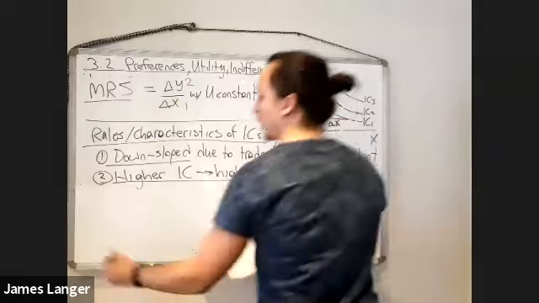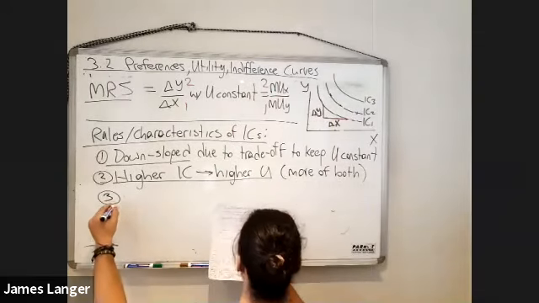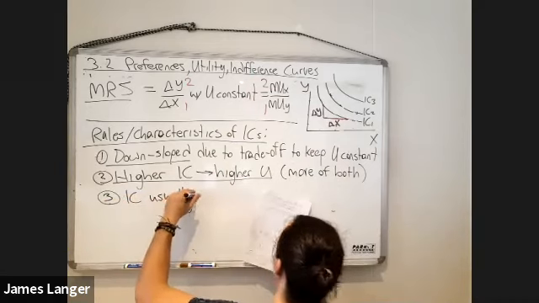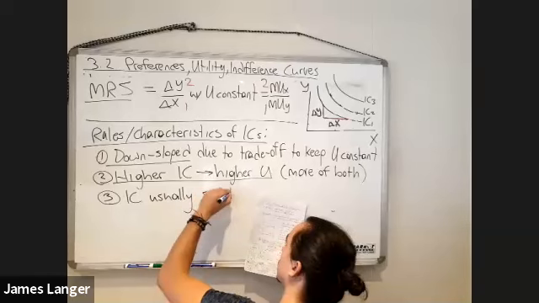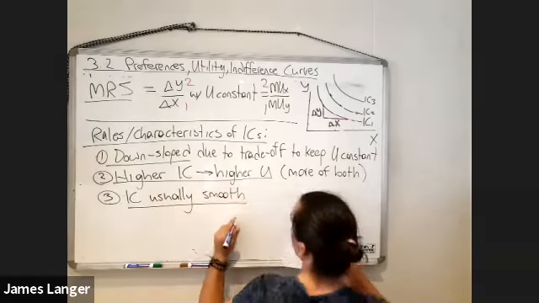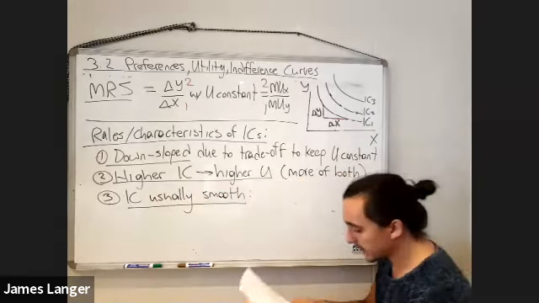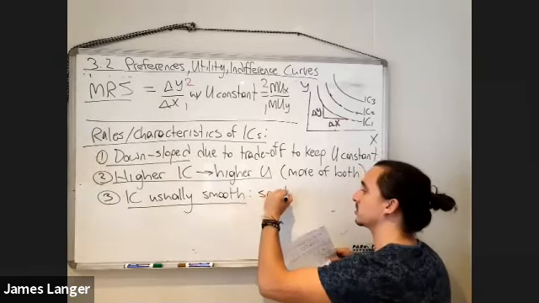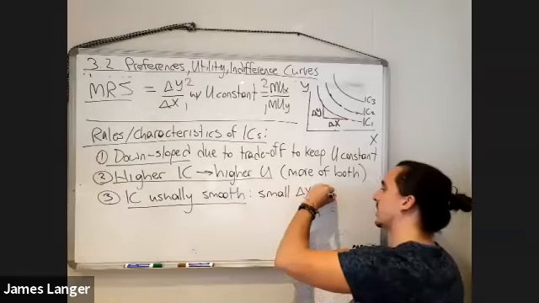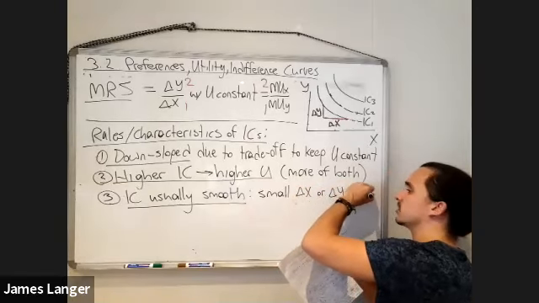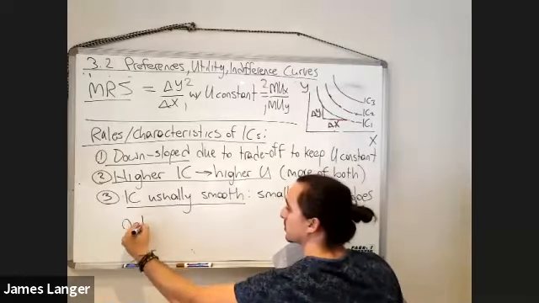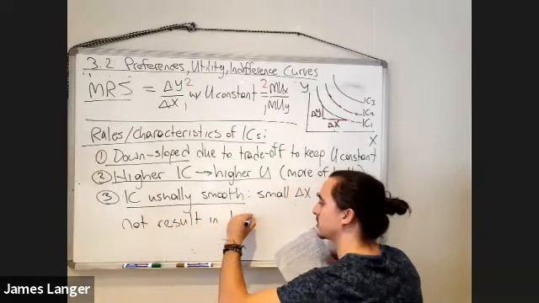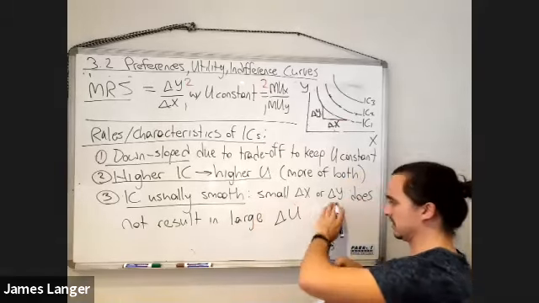The third one is indifference curves usually are smooth. Indifference curves usually being smooth means that a small change in x or change in y does not result in a large change in utility.